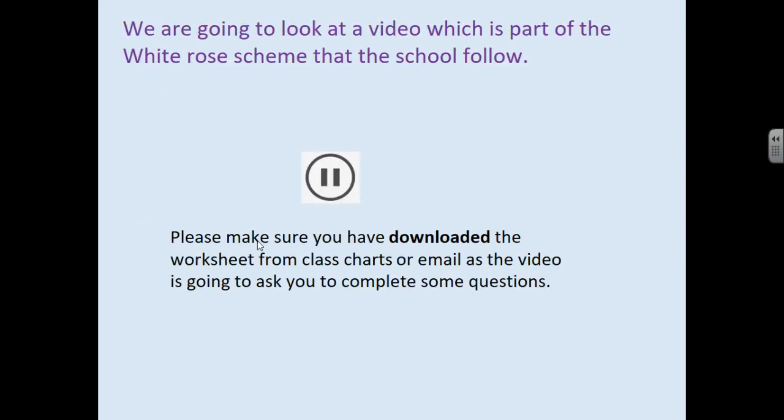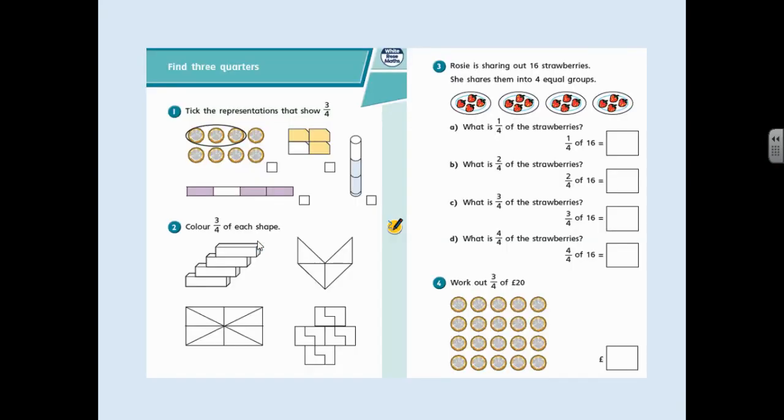Right, we are going to look at the video which is part of the White Rose scheme that the school follow. So please pause here and make sure you have downloaded the worksheet from either Class Charts or email, as the video is going to ask you to complete some questions. This is what the worksheet looks like.